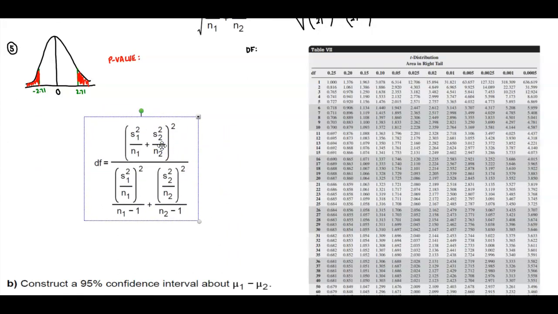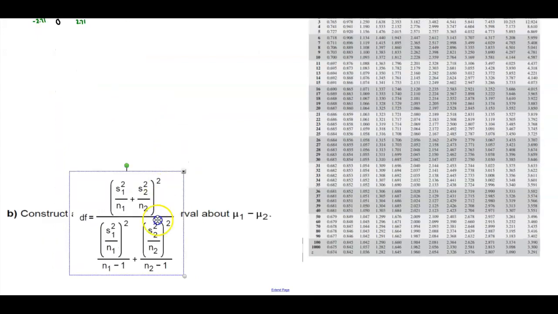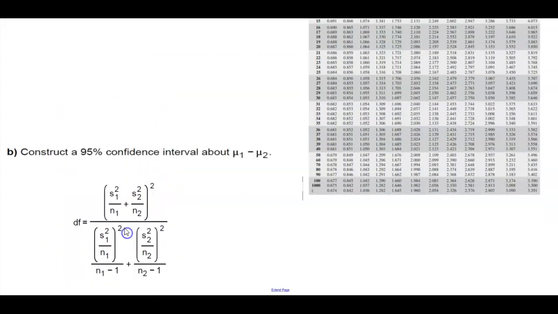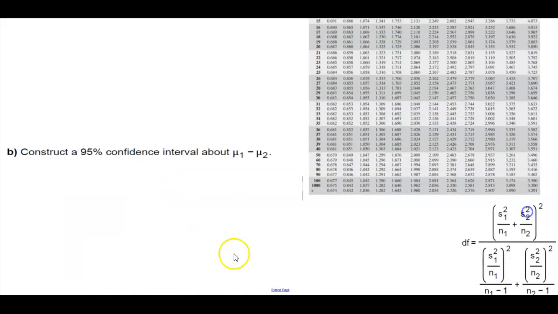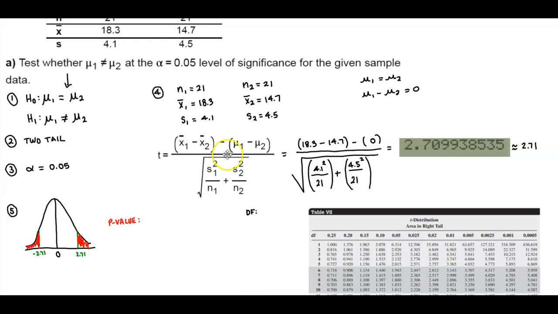But for the purpose of this particular exercise, we're going to find the degrees of freedom by taking the smaller of the two sample sizes. They're both 21, so neither of them is smaller than the other. We're just going to take 21 and subtract 1 to get 20.